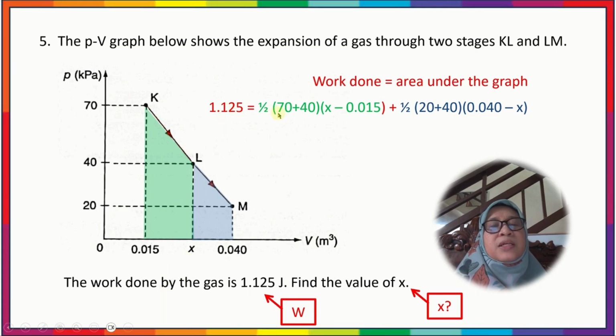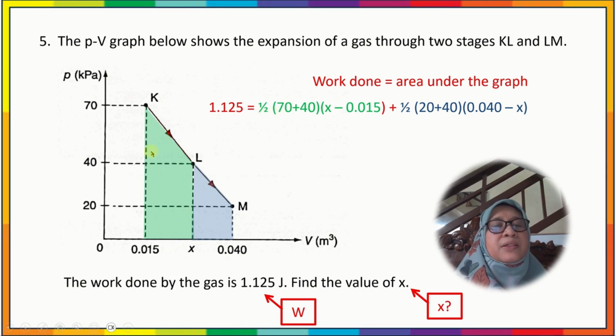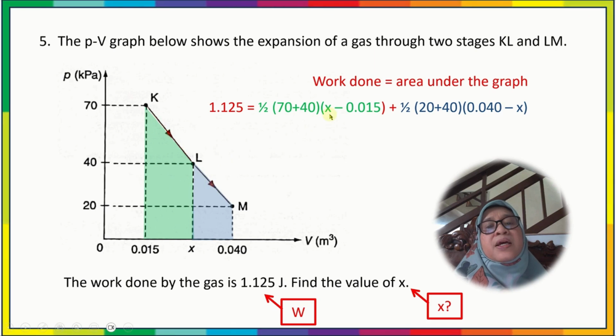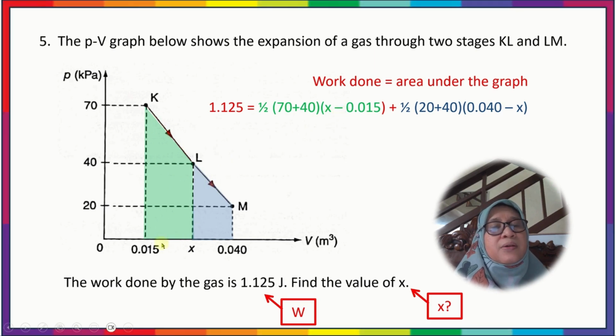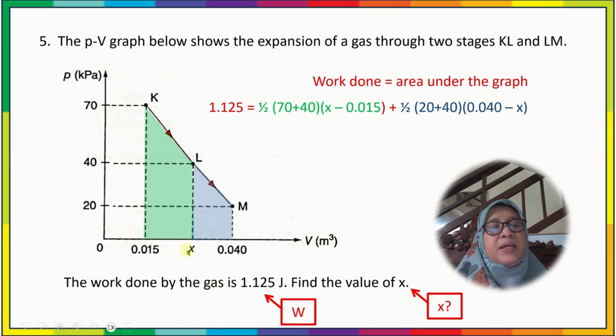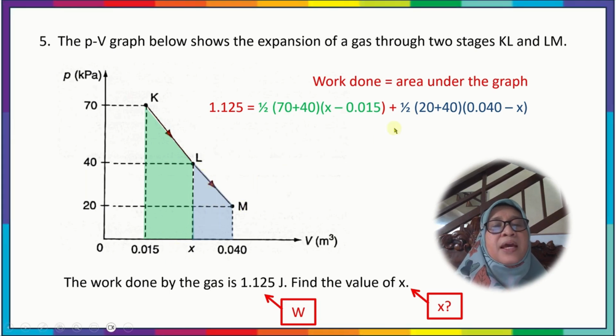The area of the trapezium is half times the two parallel lines, 70 plus 40, and then the distance, x minus 0.01, x minus 0.15.